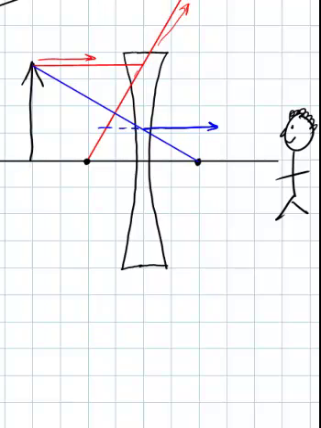And there's one more we can draw. How about green for the last one? It goes in right through the center of the lens and comes out undisturbed on the other side.